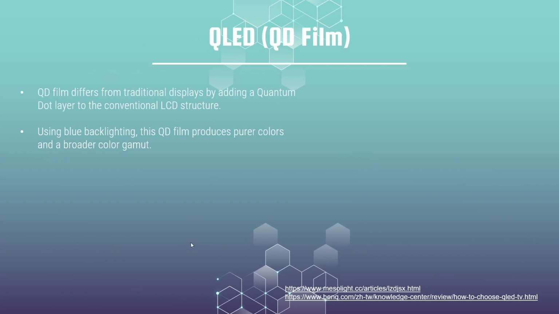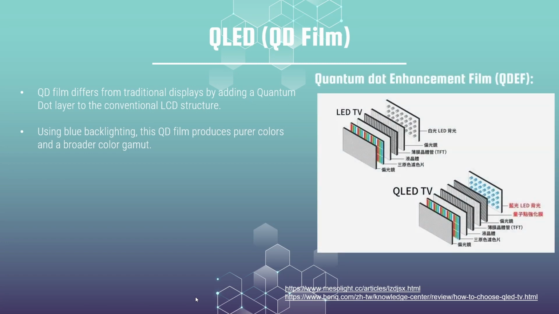The difference between QLED with QD film and traditional displays lies in the addition of a QD film within a traditional LCD structure. Using blue light as a backlight source, the QD film absorbs the blue light and emits red and green light. There are two kinds of QD film applied on QLED. The first one is quantum dot enhancement film, which is called QDEF.